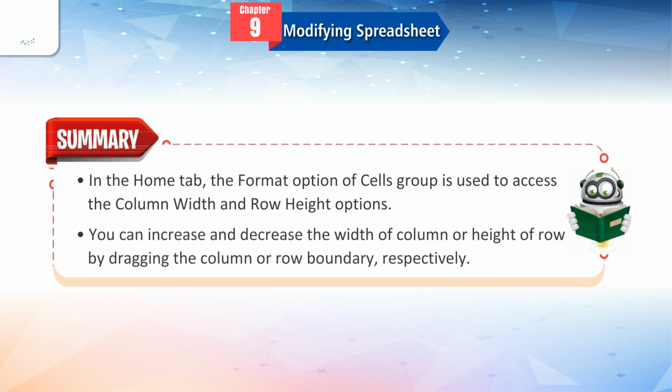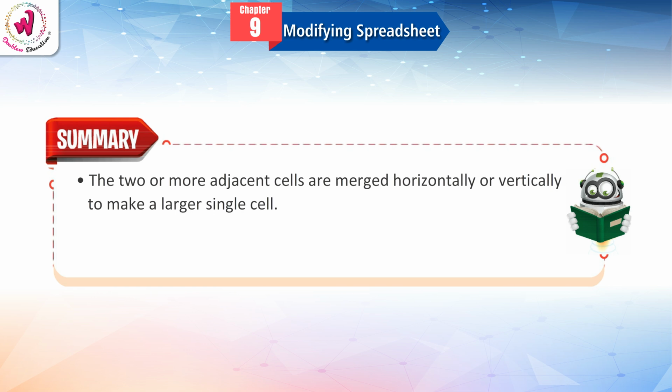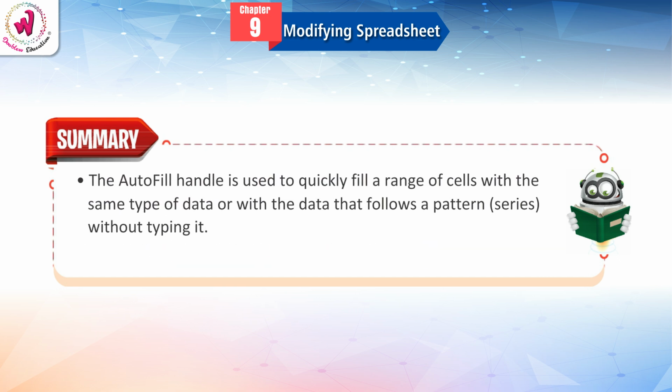You can increase and decrease the width of a column or height of a row by dragging the column or row boundary respectively. Two or more adjacent cells are merged horizontally or vertically to make a larger single cell. The cells are split to break a merged cell into multiple cells. The AutoFill handle is used to quickly fill a range of cells with the same type of data or with data that follows a pattern or series without typing it.